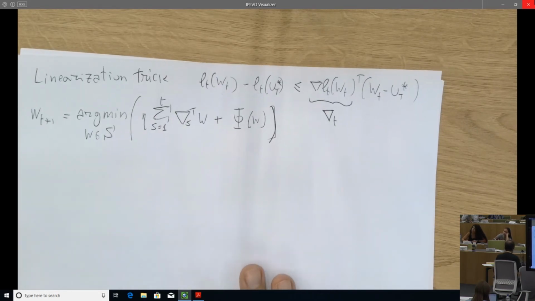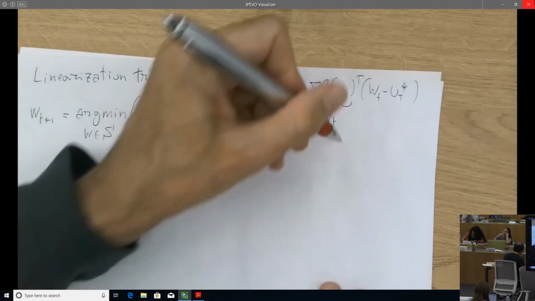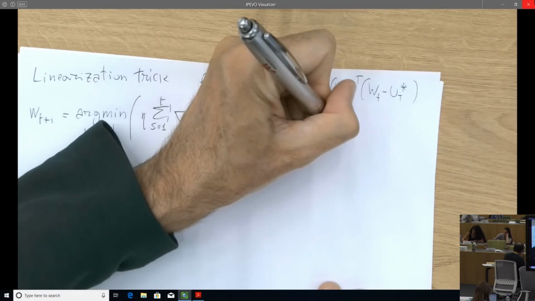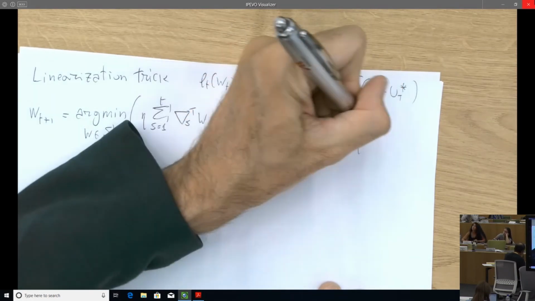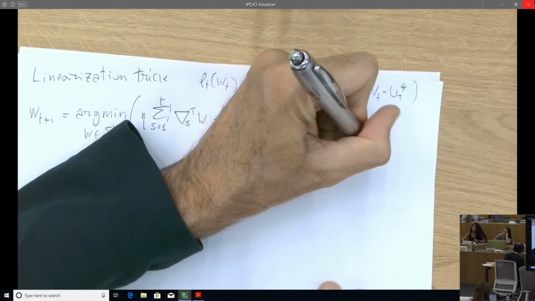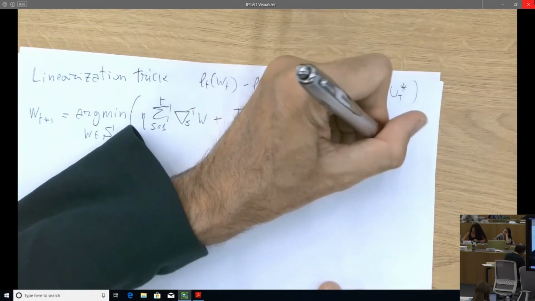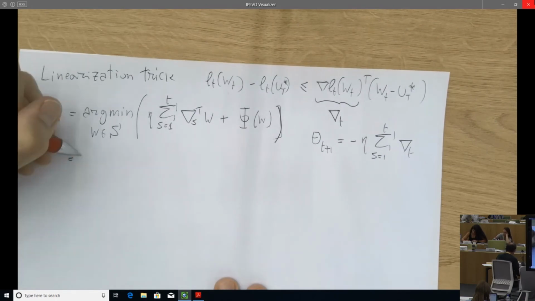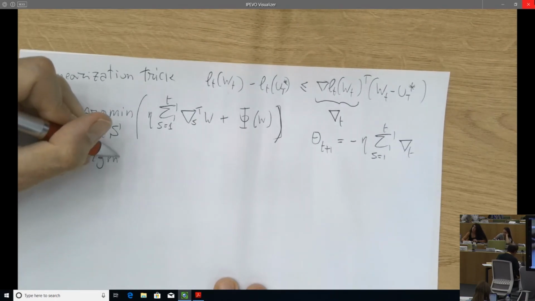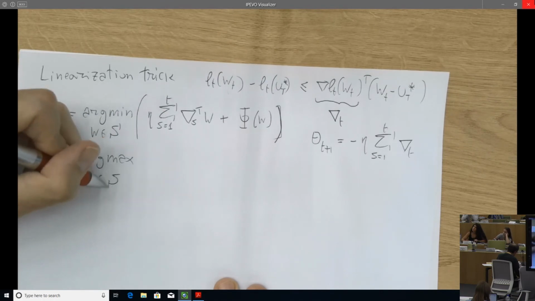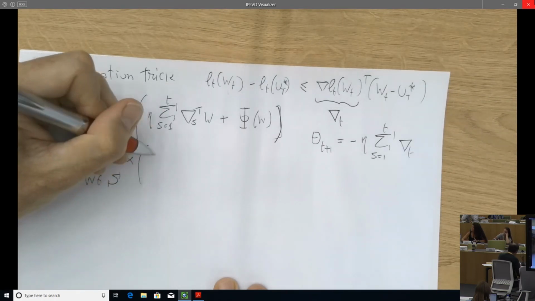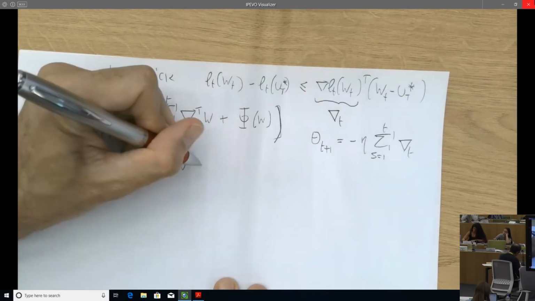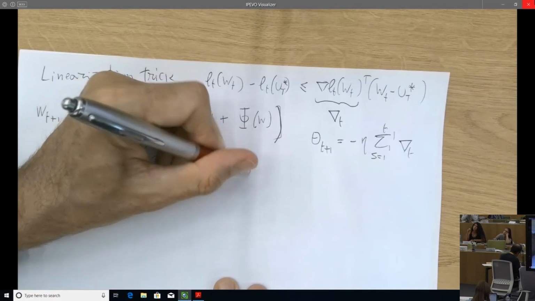It's very easy. So let me introduce a shorthand. I'm just introducing a notation. I'm calling this theta. Now I can write this as an argmax of theta_{t+1} transpose w minus that.